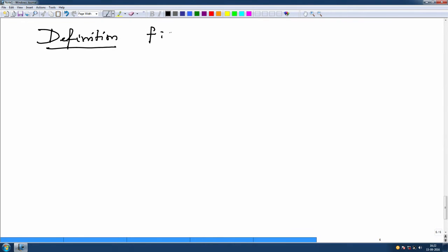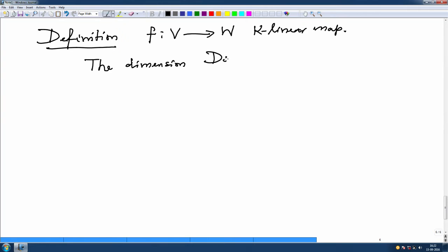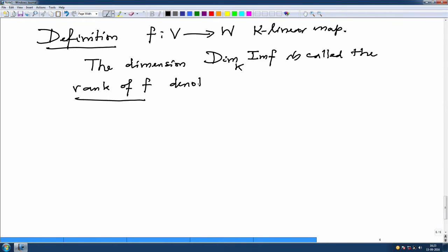If F is a K-linear map from V to W, then the dimension dim_K image F is called the rank of F, denoted by rank_K F. Note that this dimension could be infinite also, but definitely it is finite when V is finite dimensional.